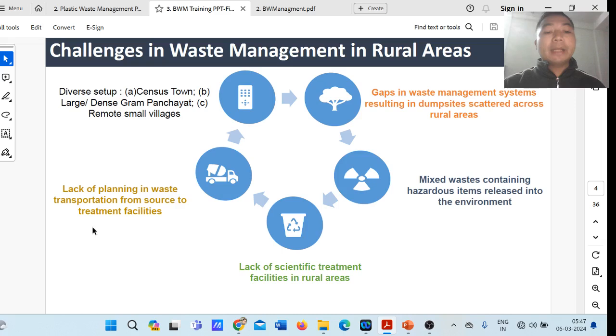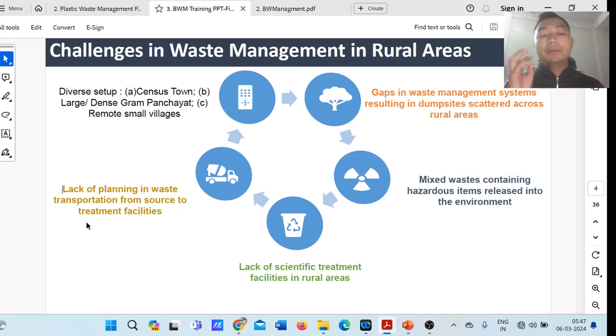Not only that, after collecting, many town councils and villagers just collect and dump the waste in some area, which in turn causes a lot of environmental issues and health hazards. And there is no scientific treatment facility in rural areas. In many towns we don't have one. So these are some of the challenges, especially in town and village rural areas.